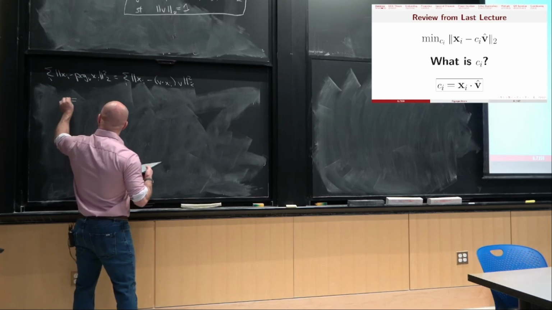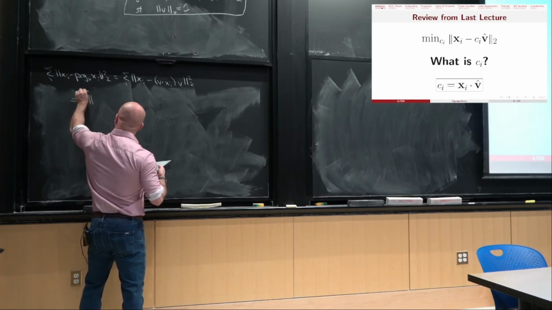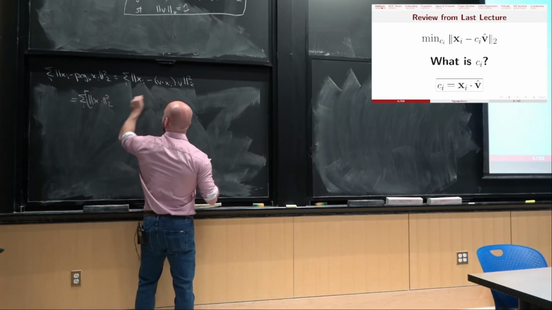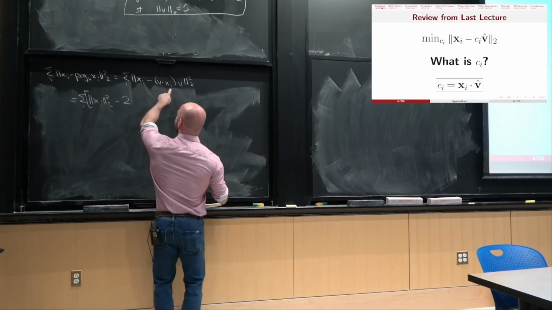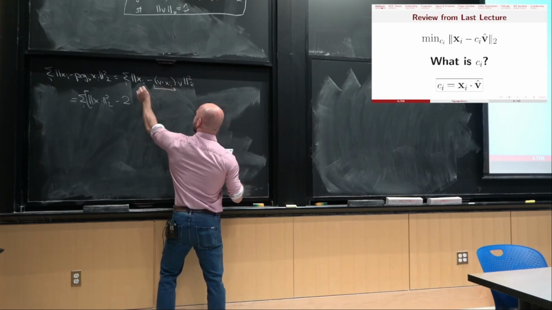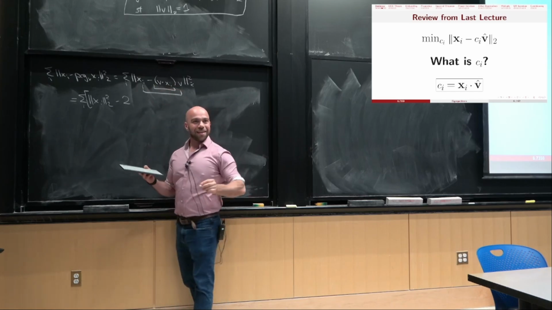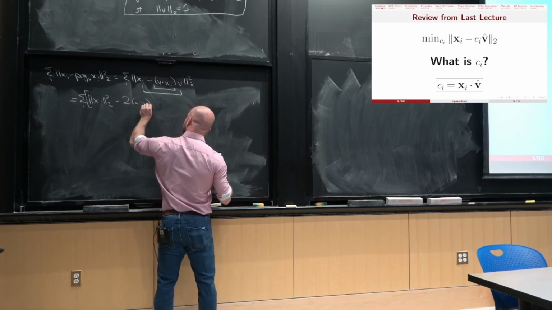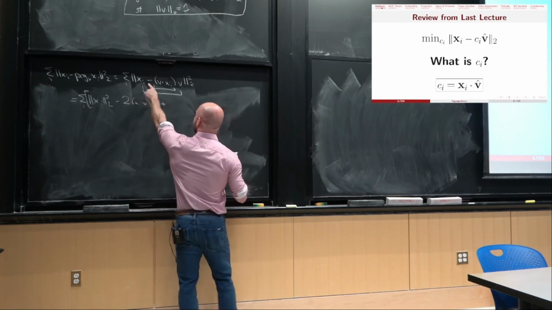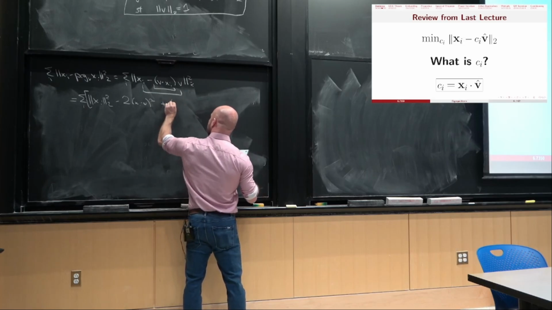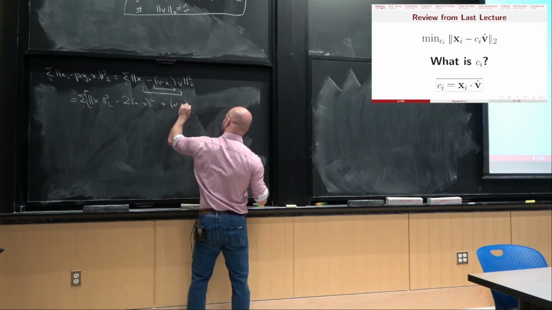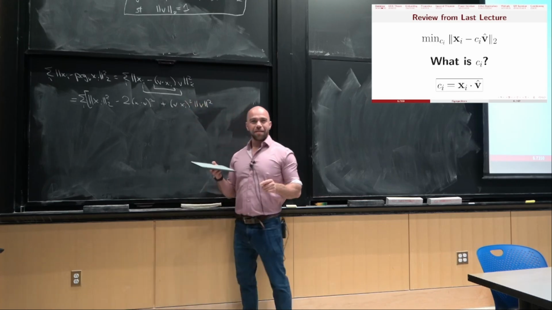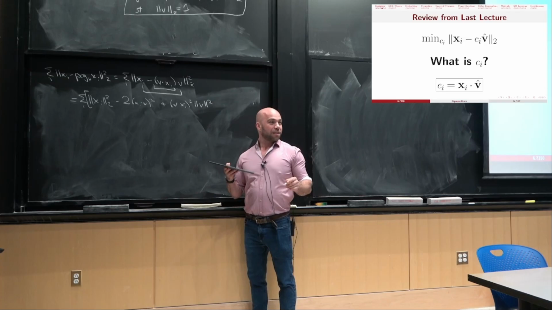This is going to end up being the sum over i of the norm of x_i squared minus 2. Notice what's going to happen: I have v dot x_i, then I'm going to have an x_i dot v, so this is (x_i dot v) squared, plus (v dot x_i) squared times the norm of v squared. That's our quartic piece. What's the norm of v?